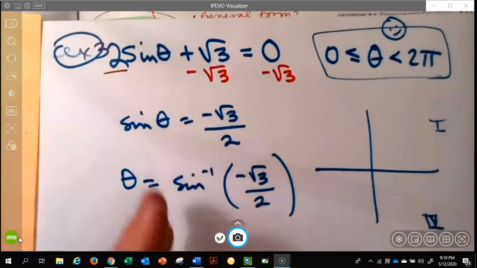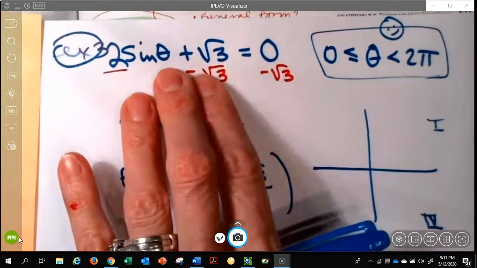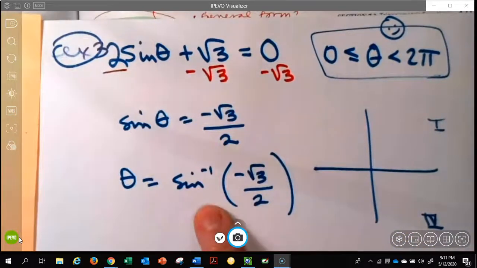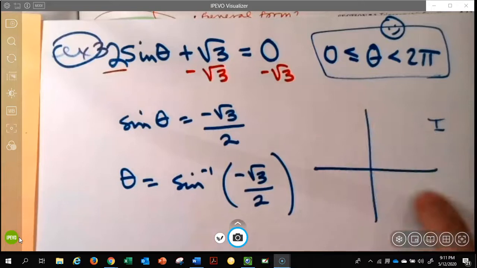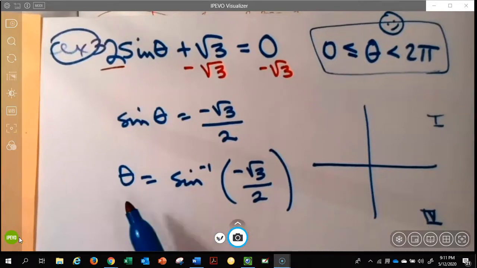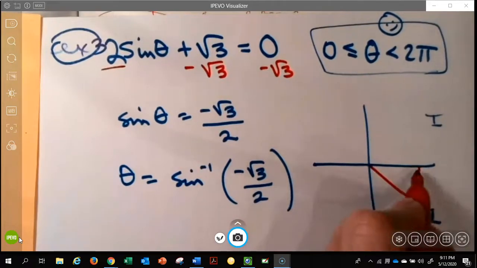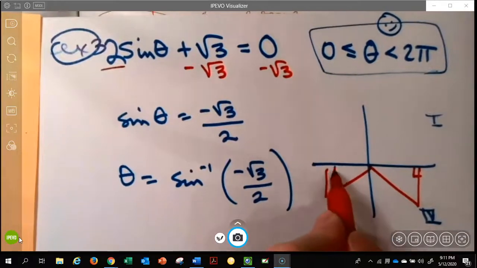But a way to differentiate is, did they start telling us that they want the inverse and they have a red marker on me? Or did I generate this in order to solve my equation? Since I generated it, it opens up the whole quadrant system. In other words, if I'm looking for the angle whose sine was negative square root of 3 over 2, sine is going to be negative either here or here.